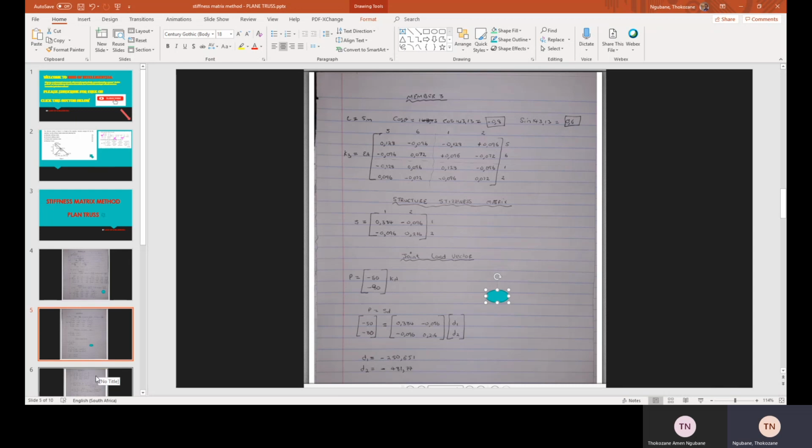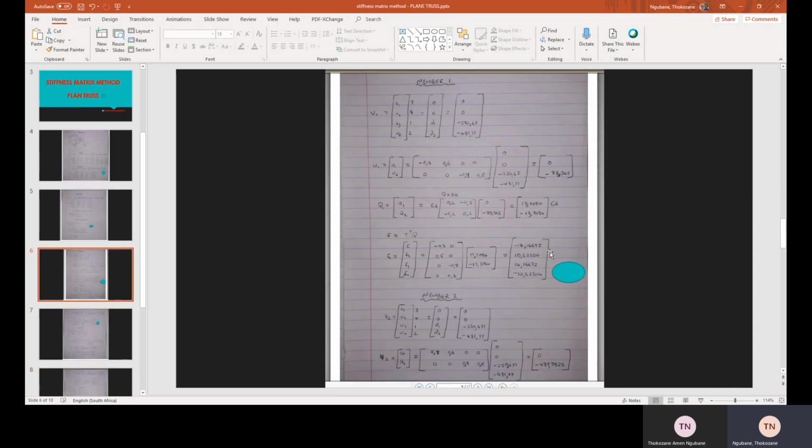And then next step from there, we go to every member, member 1, 2, and 3. We find the value of V, then the value of U, value of Q. For the value of U, we use T times V. V we just constructed using D1 and D2.